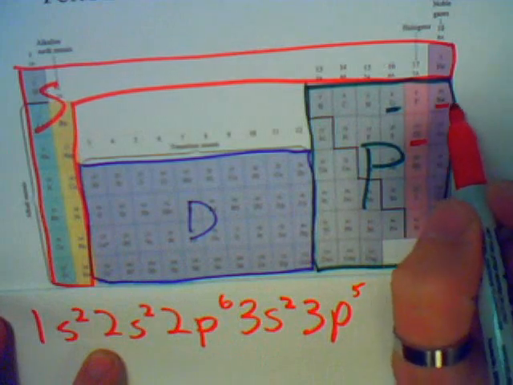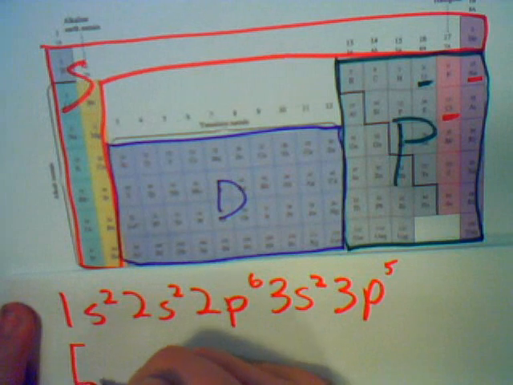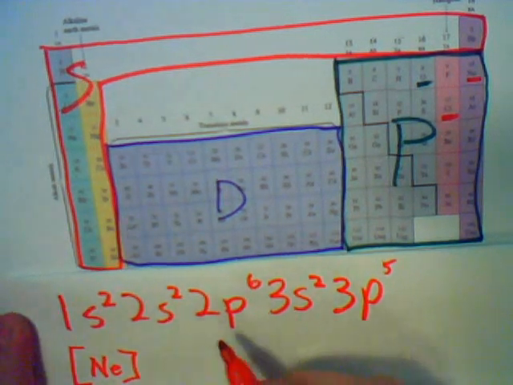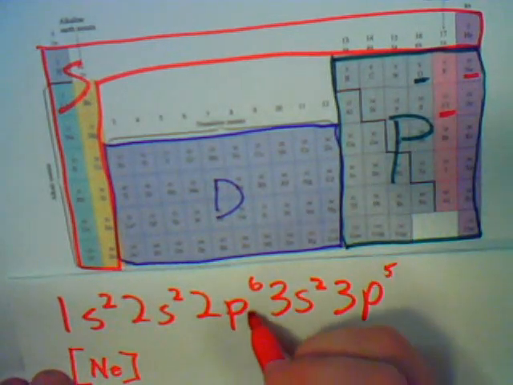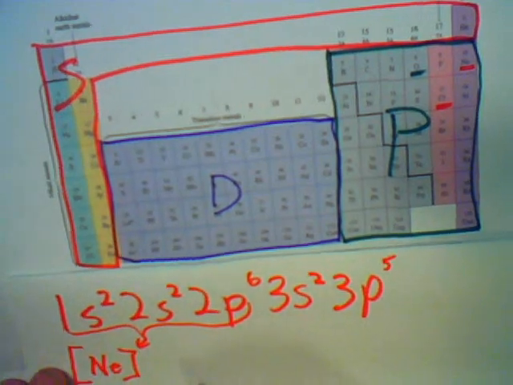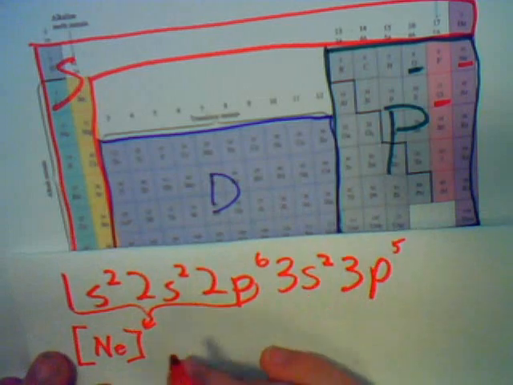So in this case, it's neon. So they say neon base, and then they start from there. So they're basically taking all of this and putting it into there. So that's saying this.